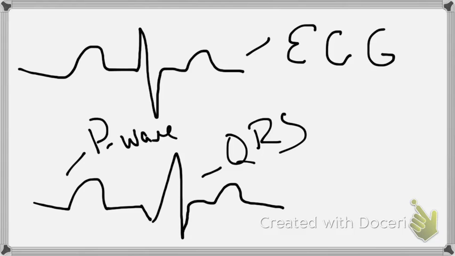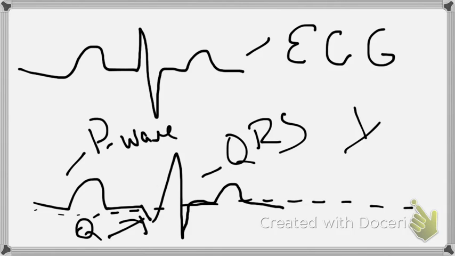So if we were to break this down, QRS, they have to leave it simple, right? For us. So the Q wave is right there. The Q wave, by definition, is the first negative deflection off of this invisible line that runs through here, called the isoelectric line. Iso meaning neutral.